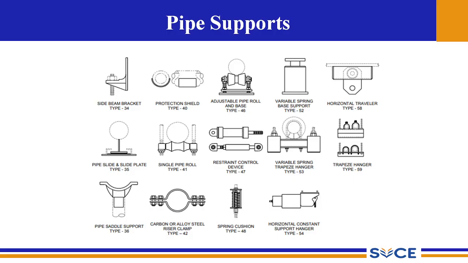So these are the various pipe supports which are classified as primary and secondary supports. Primary supports will be directly attached to the pipeline, and secondary supports will attach to a civil structure, and that civil structure will be used to rest the pipeline. Pipe supports can also be classified as rigid supports and flexible supports.